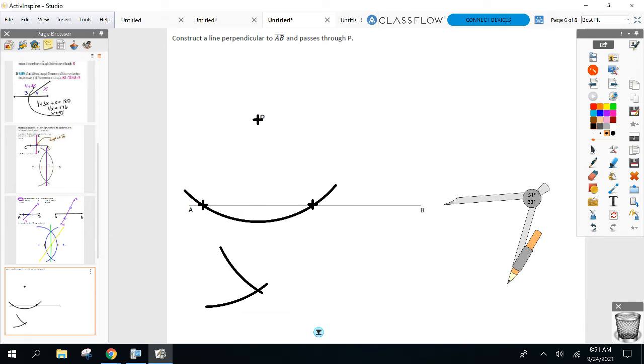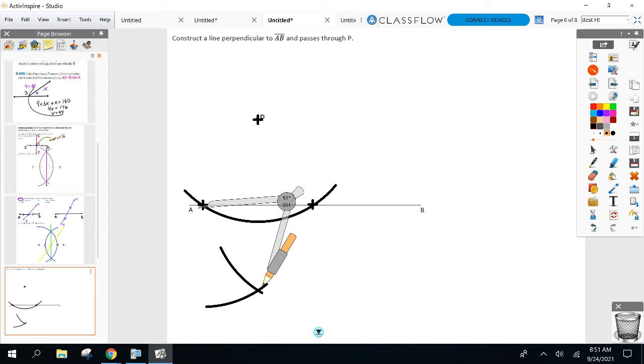Hopefully, those two last arcs line up right below point P. Anybody need to see? Make 2 arcs below. So I went to this point, made an arc below. Same opening of your compass, go to this point, make an arc below. And hopefully they line up right below P.